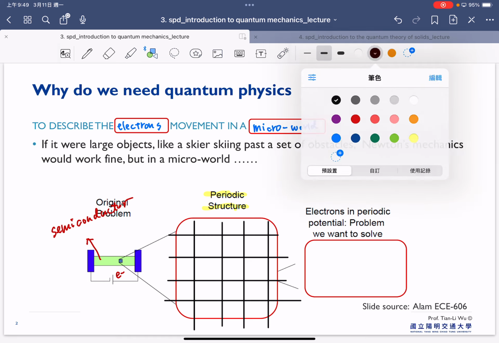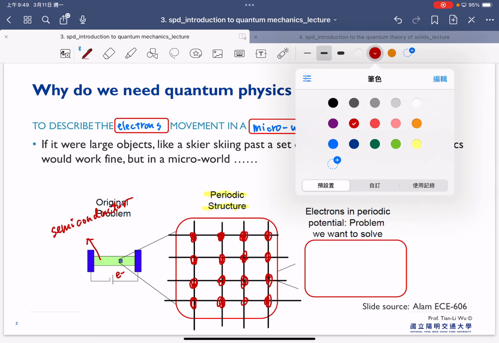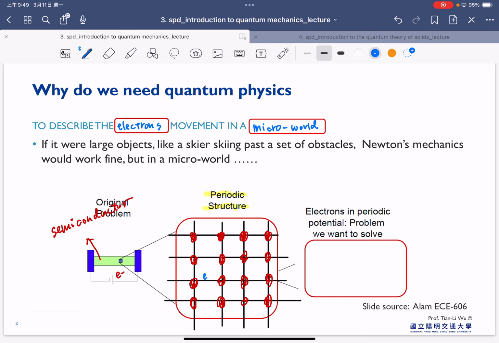So in this material, you have lots of small atoms placed in a certain arrangement, like here. And then our problem becomes, we are curious how these electrons move, but this movement will interact with other atoms here.